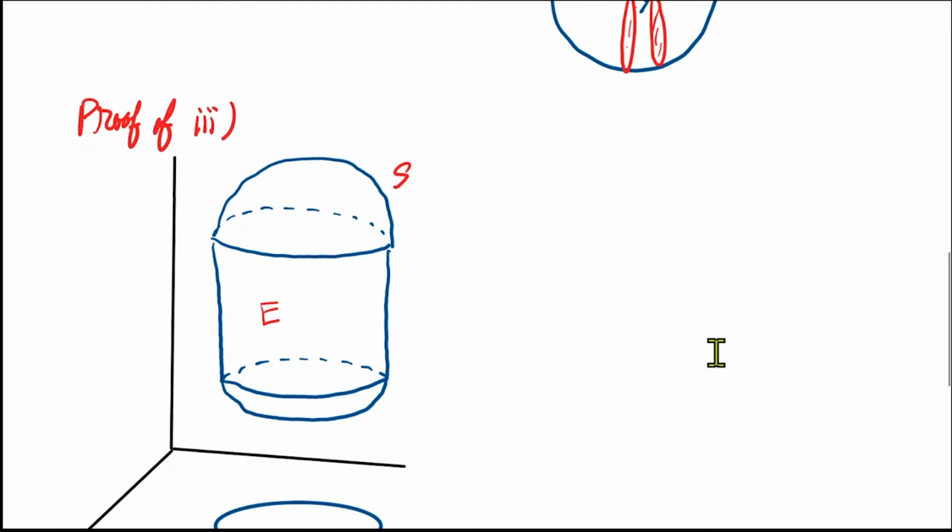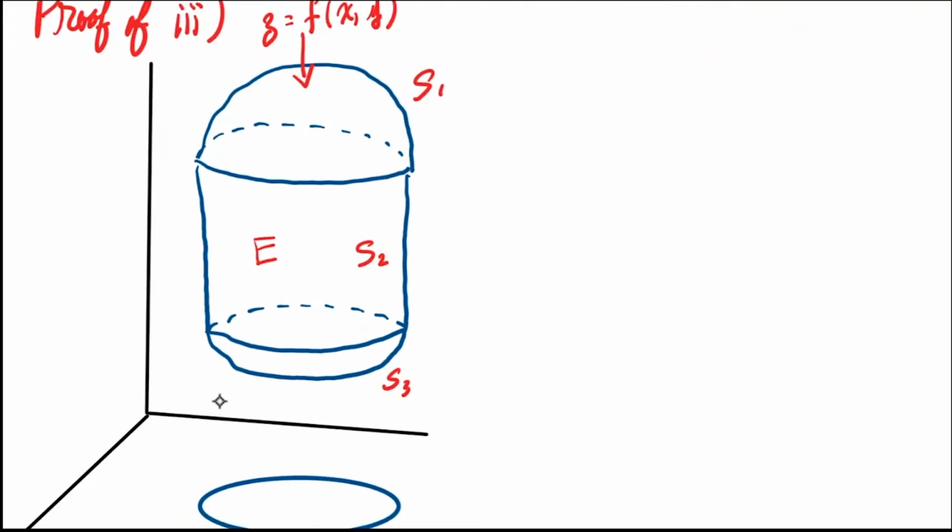Now I'm going to split the surface into S1, which is the top surface, S2, which is the lateral surface, and S3, which is the bottom surface. So far so good? Now the top one, I'm going to call this surface Z equals, he called it Z1, but let's just call it F of X and Y. And this bottom surface we are going to call G, Z equals G of X and Y.